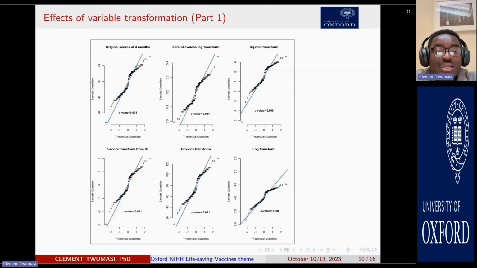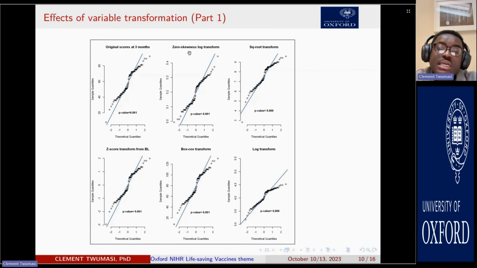All right, so here you can clearly see the original score at 3 months in terms of normality. And then this is called a zero skewness log transform. Of course, we have log transformation, but log transformation only reduces the variability in the data and still keeps the structure.